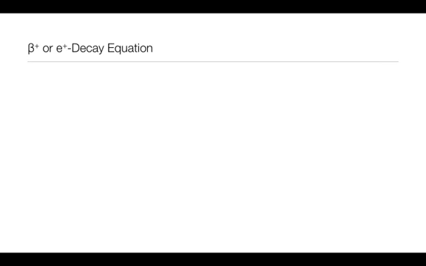And the last one is the positron emission or positron decay. Again, same format. Fluorine-18 undergoes a positron decay, and in the process ejects that positron, which has a mass of 0 and a nuclear charge of +1.